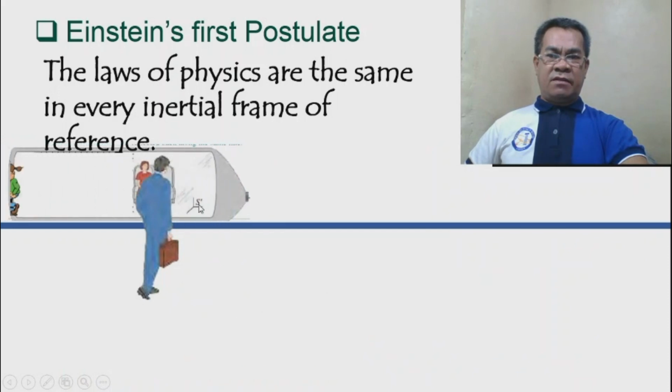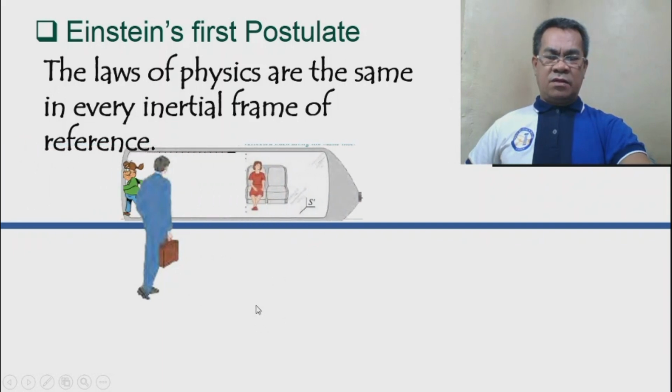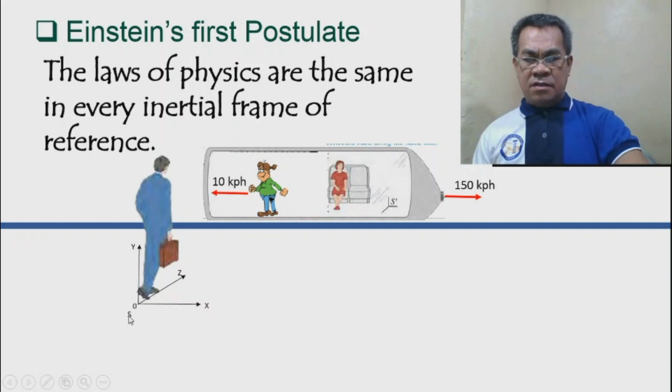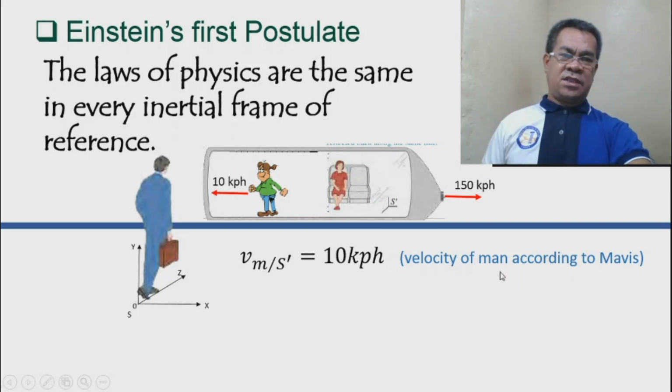So if the man moves in reverse direction, what will be the motion according to the two observers? This is in the opposite direction while the speed of the train is 150 kilometers per hour. S is on the Earth, and S prime is for Mavis. According to Mavis, the velocity of the man is still 10 kilometers per hour but in the opposite direction, so the same magnitude but the direction is reversed.